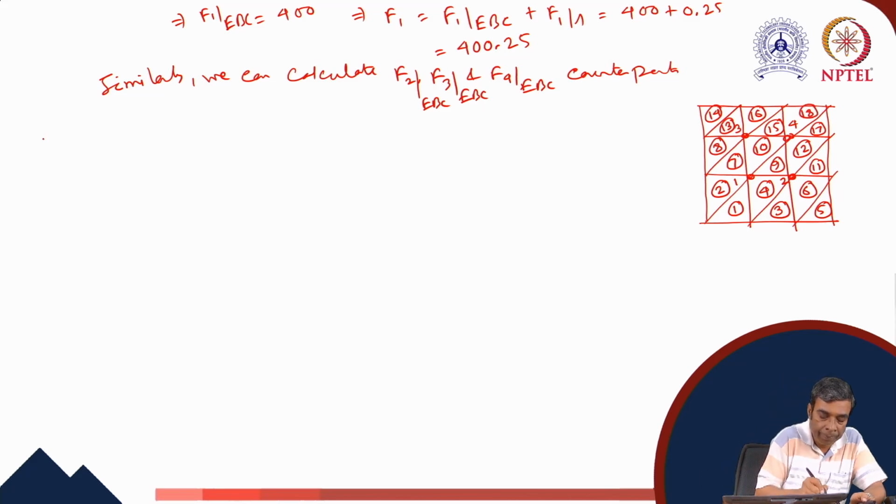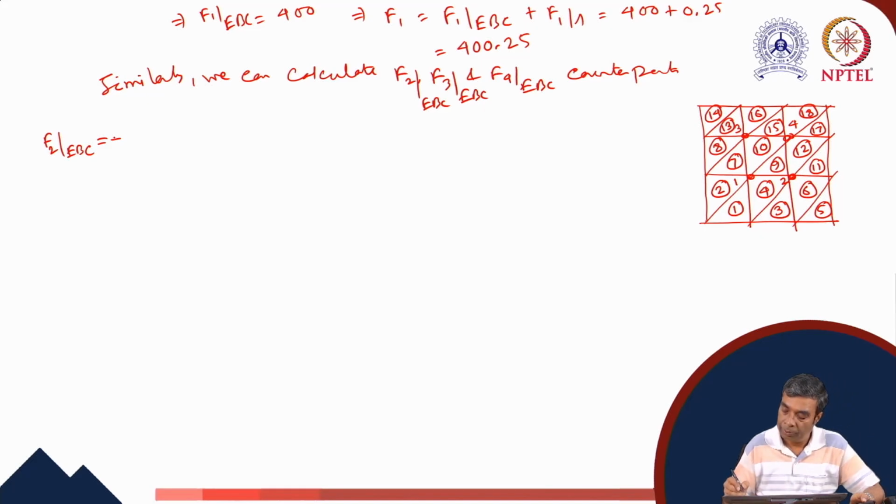So F2 EBC equals minus the contributions that will come from elements 3, 4, 6, 11 and 12. Let us first consider the contribution from element 3.